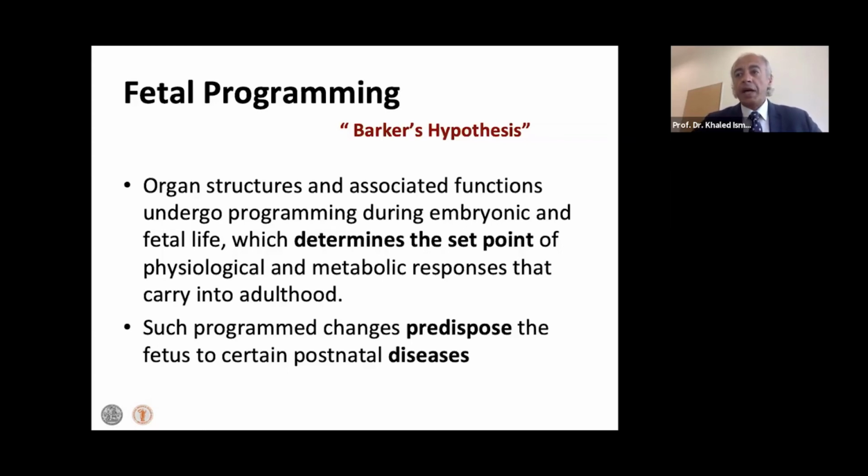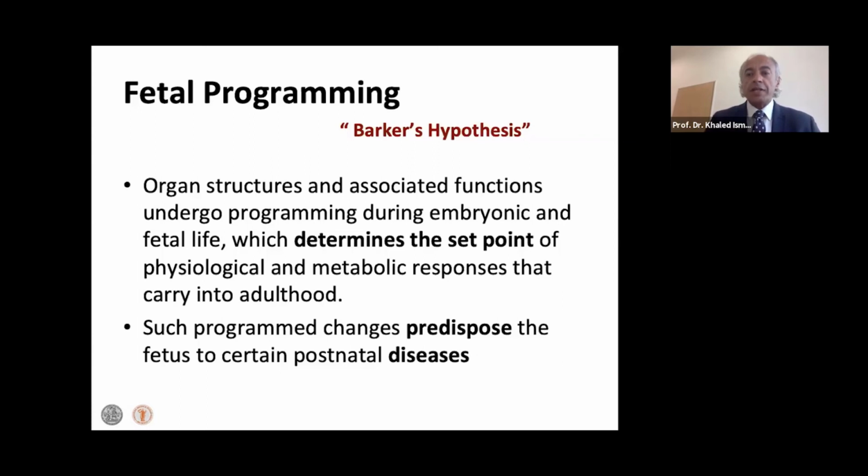In the Barker's hypothesis, it is believed that the level of nutrition and endocrine status around the developing fetus result in some developmental adaptations that permanently, and it's important to underline the word permanently, change the structure and the physiology as well as the metabolism of that fetus, particularly its organs.